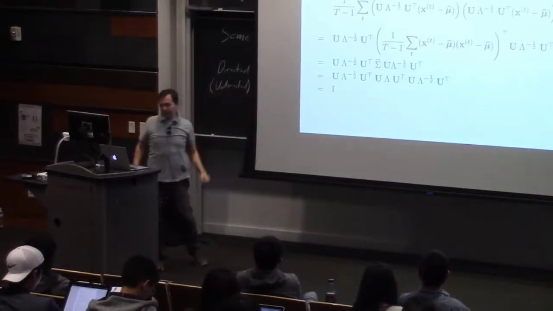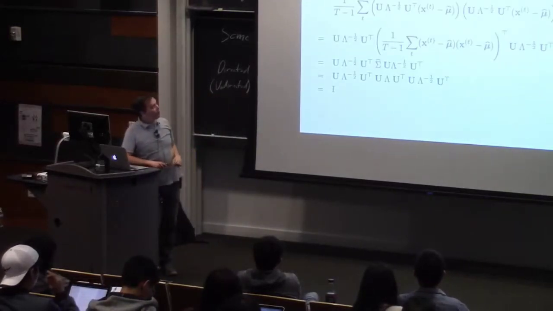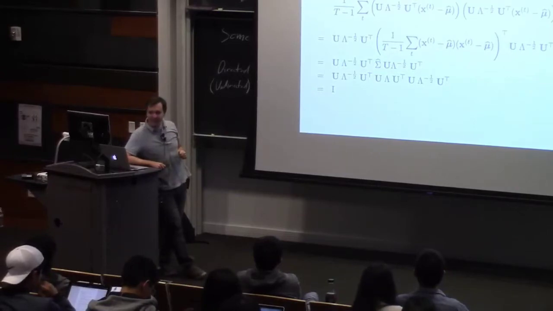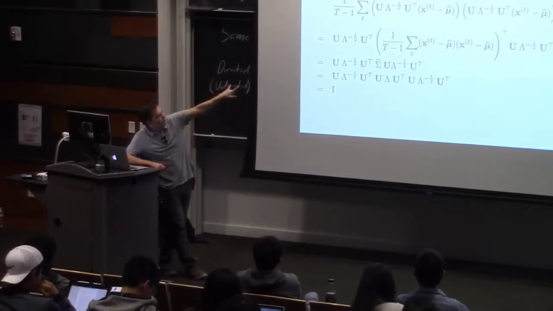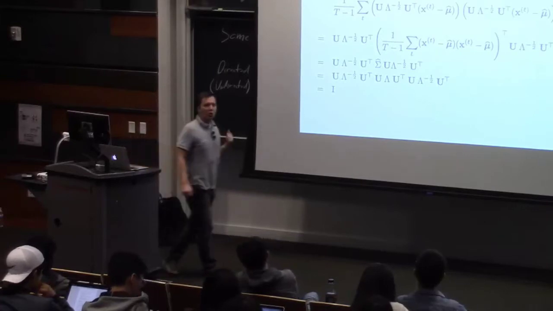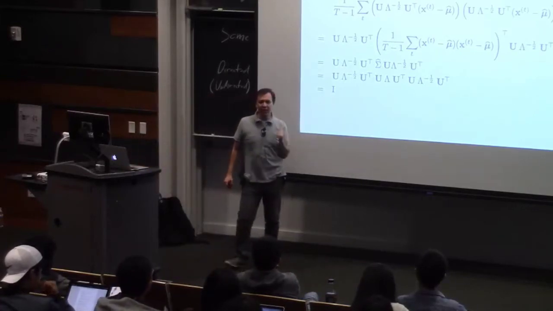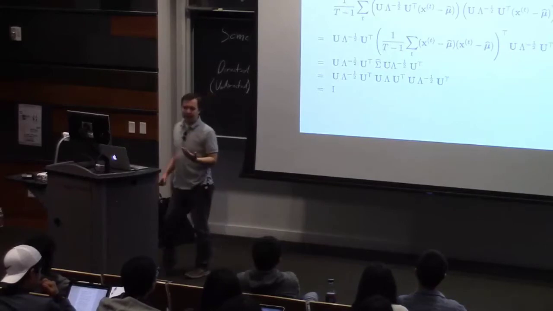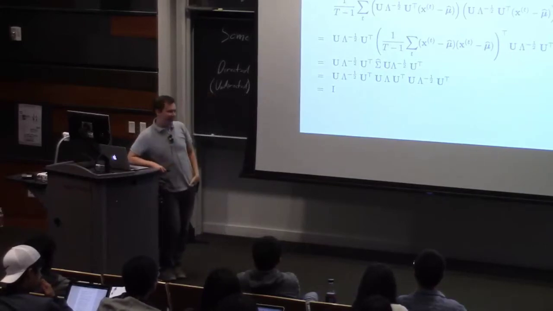But more importantly, if I look at the covariance matrix, right? If I do this preprocessing of my data, and I do a little bit of algebra, I can show that the covariance matrix is going to be identity. That's why it's called whitening: you're removing first and second order moments.